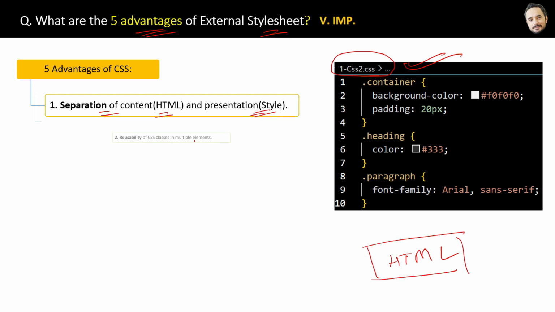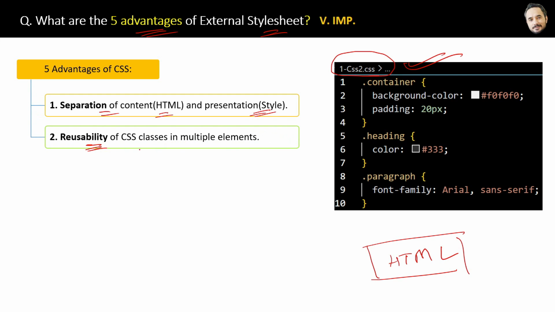The second advantage is the reusability of CSS classes in multiple elements and in multiple web pages also. So yes, multiple elements across the website can use the same style from the external style sheet. So internal style sheet is only specific to the page, but this external is common to the entire website, right?